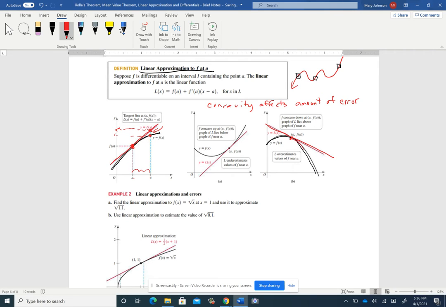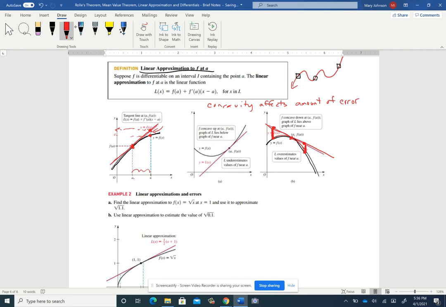But if you move down to here and you use the line to approximate the value, that would be the amount of your error. Or if you move this way to some point away from A, this would be the difference between the value you would get using the line and the value you would get using the regular function. So the error would get bad pretty fast, wouldn't it?